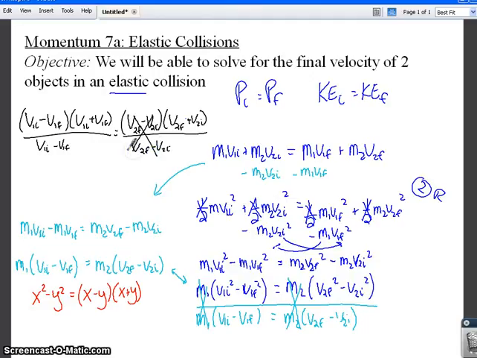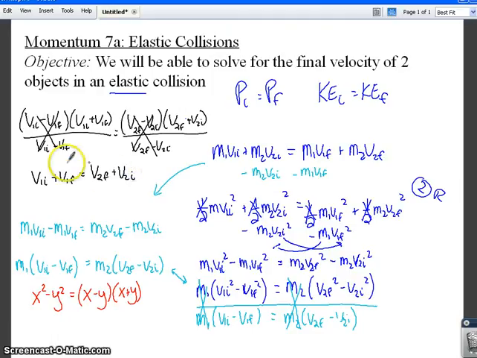These cancel out, these cancel out. v1 initial plus v1 final equals v2 final plus v2 initial.